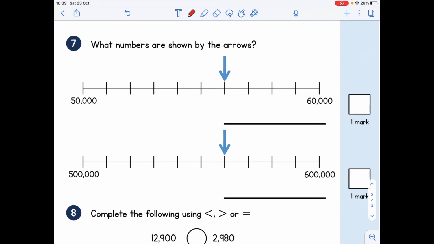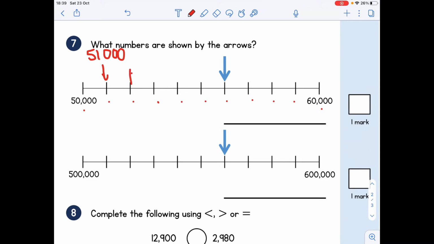So first of all, we see how much it's split up into. So we've got from 50,000 to 60,000, and it's split up by 1, 2, 3, 4, 5, 6, 7, 8, 9, 10. So it's split up into 10, so I'm assuming then that if we split 10,000 up equally into 10, each one is 1,000. So we can say that this one here is 51,000.